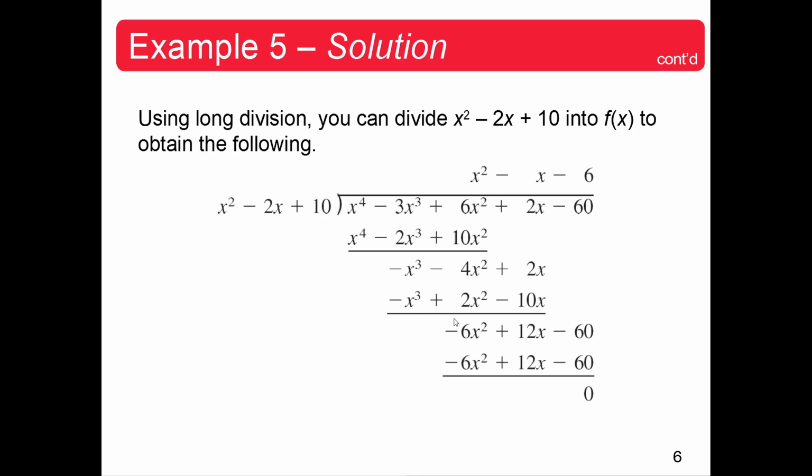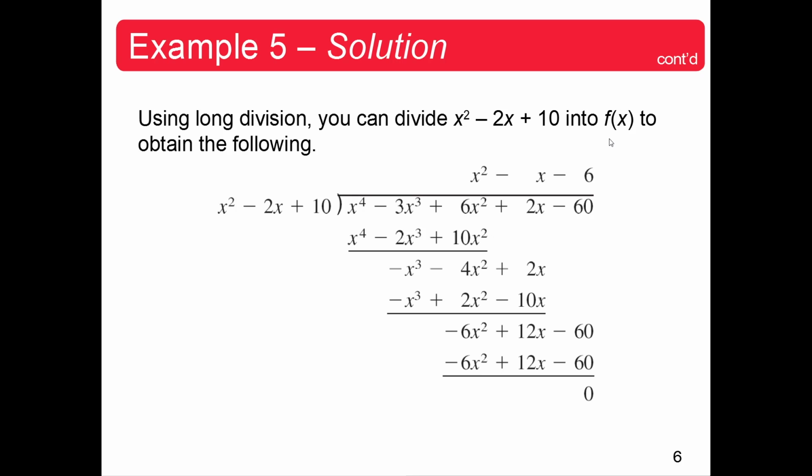This time gives us negative 6x squared plus 12x. We bring the negative 60 down and repeat. We end up with a final quotient of x squared minus x minus 6 with a remainder of 0. And obviously this should have a remainder of 0 because we already knew that x squared minus 2x plus 10 was a factor of our polynomial f of x.